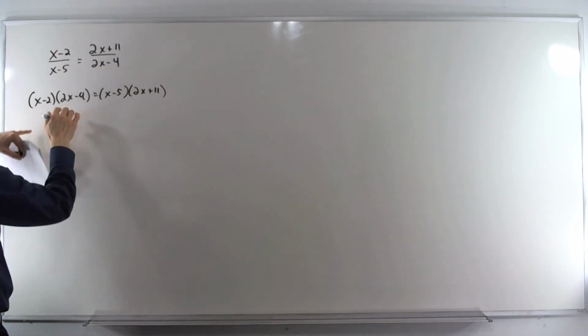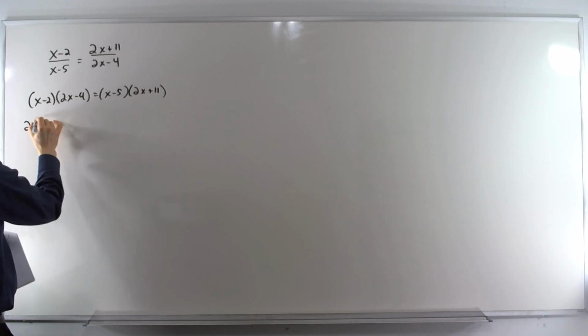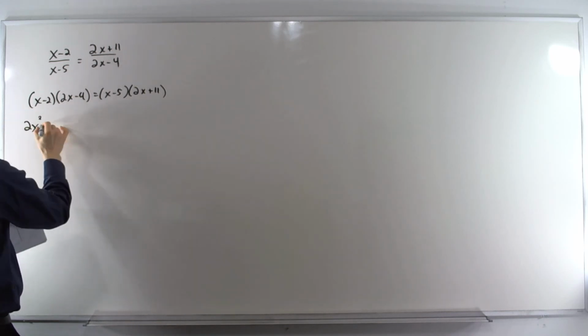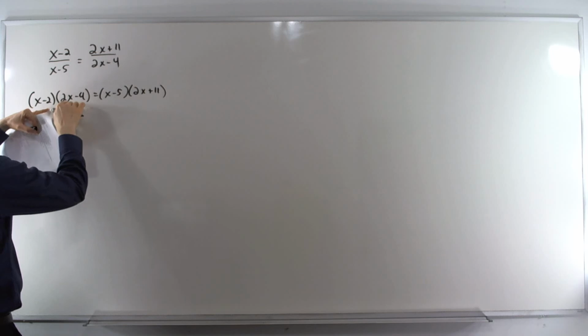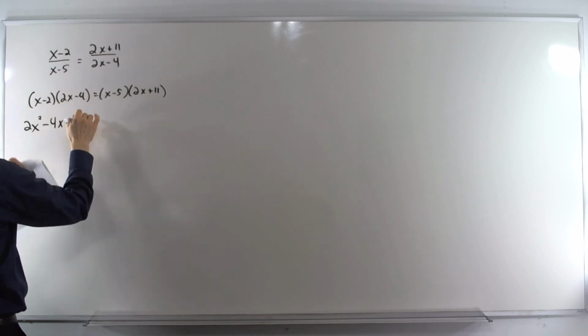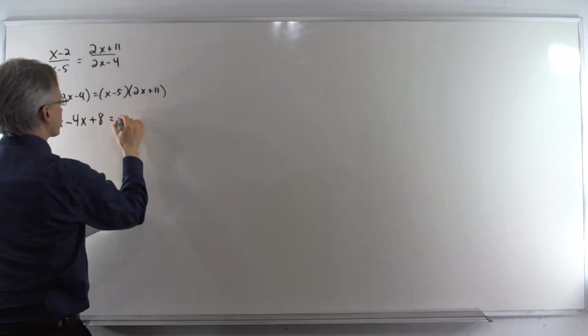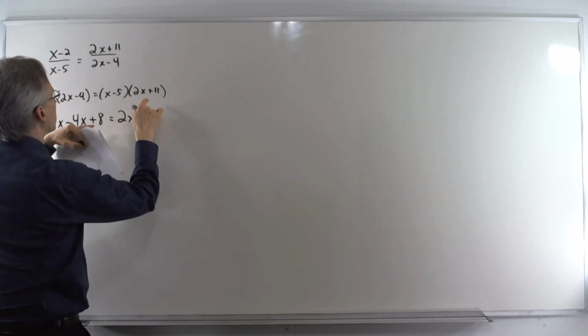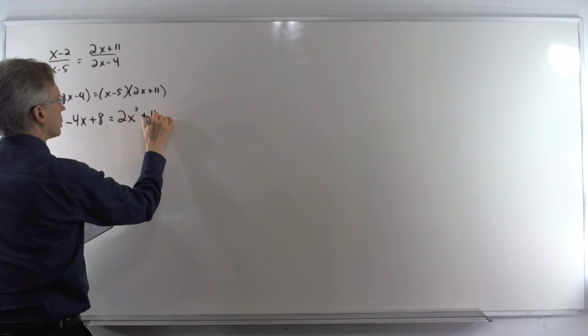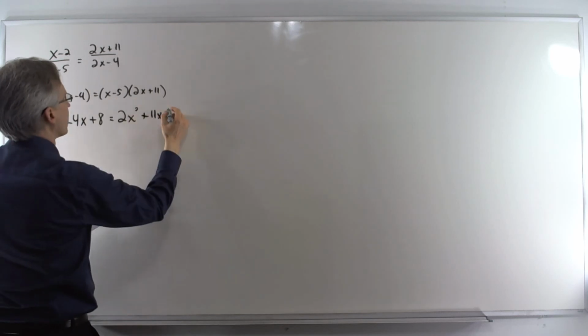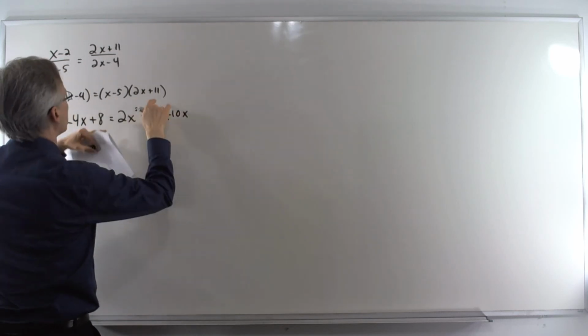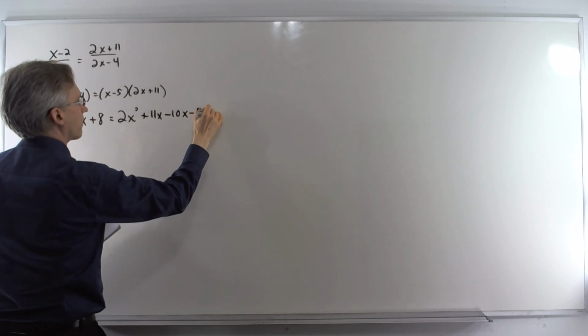Now FOILing, first, 2x squared minus 4x minus 4x and plus 8 equals, over here we got 2x squared plus 11x minus 10x and minus 55.